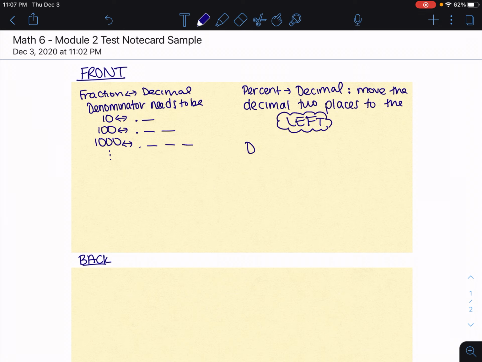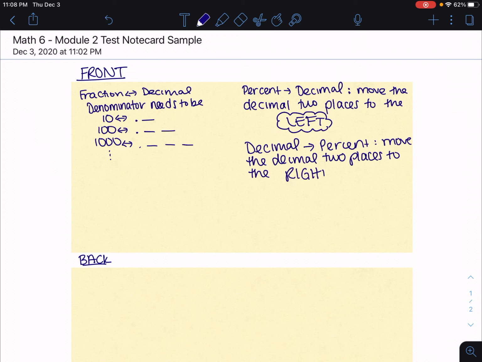To go from a decimal to a percent, the other way.